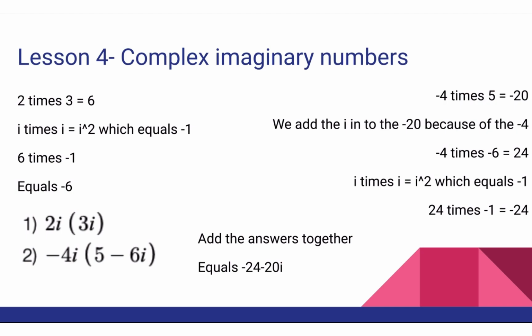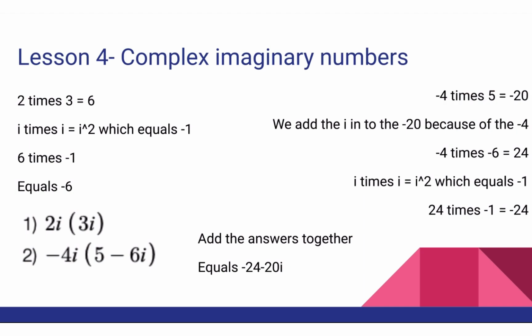To figure out this equation, we would just do 2 times 3, which would equal 6. And then you would do i times i, which would equal i to the power of 2, which equals negative 1. And then you simply multiply 6 times negative 1, which equals negative 6. So that's the answer to equation number 1.